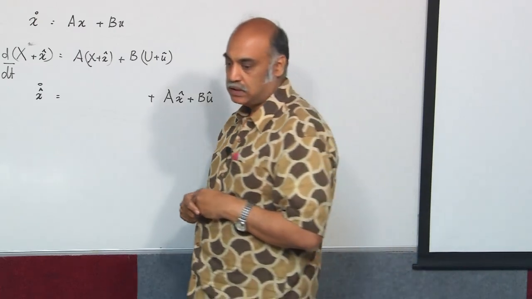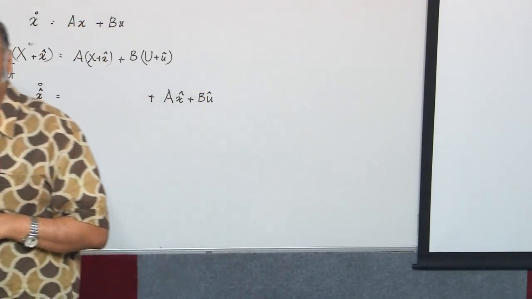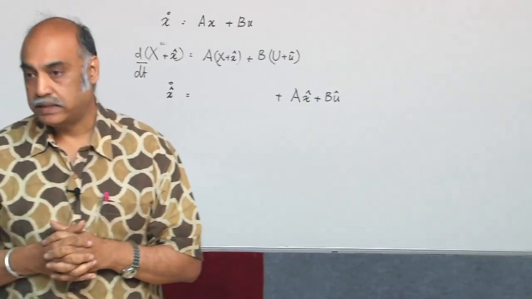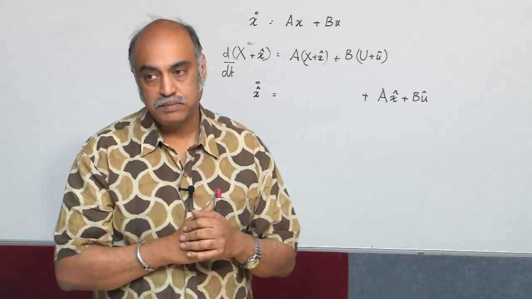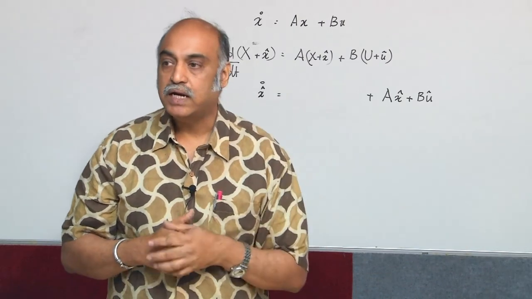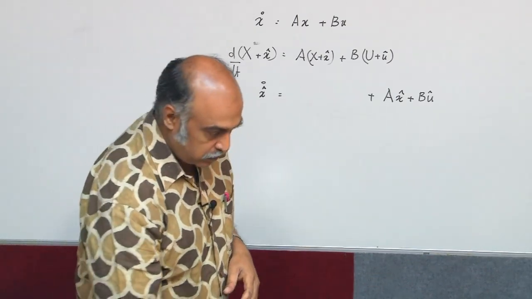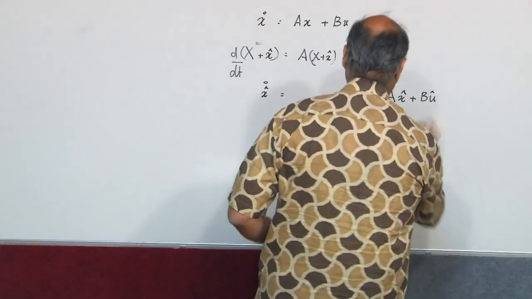So this is how you will do your modeling even if you have a nonlinear system and bring it to the state space form. From here, getting the transfer function is a straightforward job. Okay, we'll stop here for today.